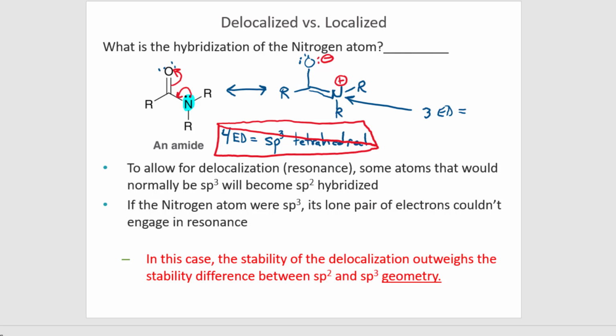That puts it at sp2 trigonal planar. And that makes more sense because in sp2, each one of the sigma bonds is an sp2 orbital overlap, and for the pi bond, you must have an unhybridized p orbital. So if resonance is going to occur, you have to have those electrons in an unhybridized p orbital. You need that. It can't be in an sp3.